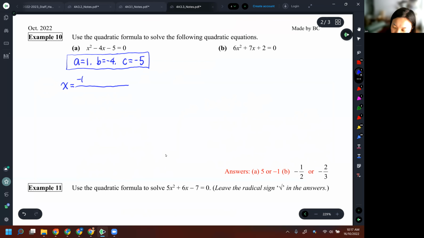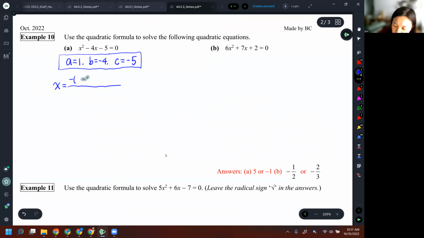That's negative b, plus or minus the square root of b squared minus 4ac, divided by 2a. And then you simplify. 4 plus or minus the square root of 16 plus 20, divided by 2.